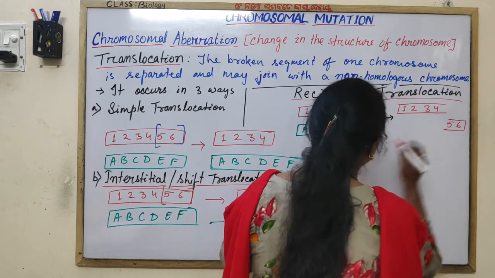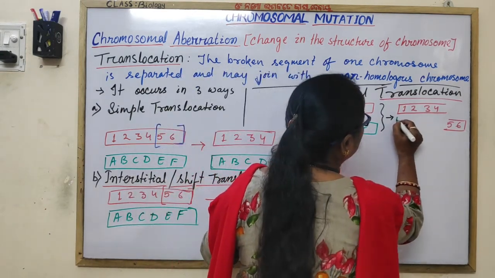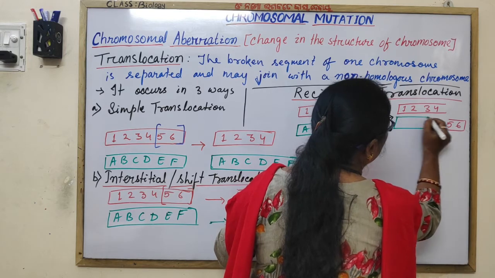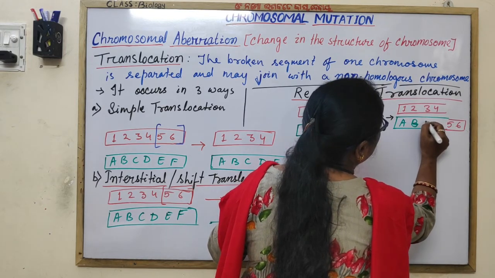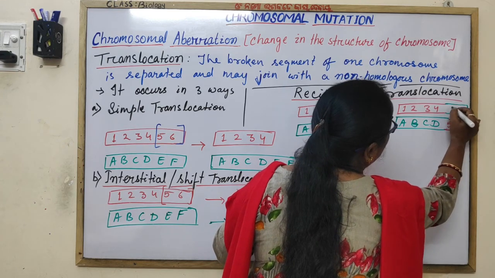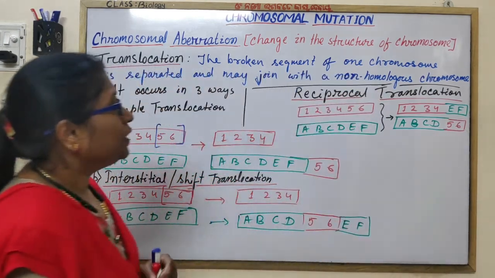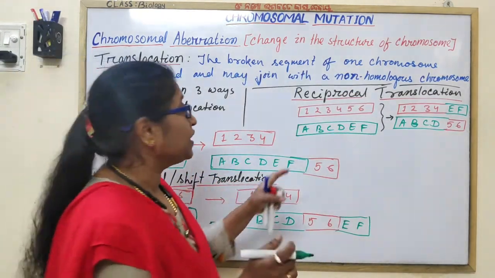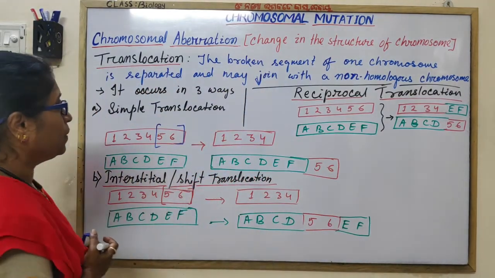Now you see A, B, C, D, here E, F. So what happened? The exchange of segments between two non-homologous chromosomes occurred.